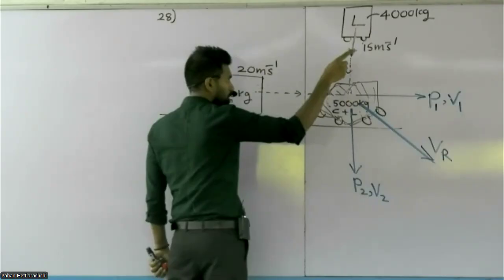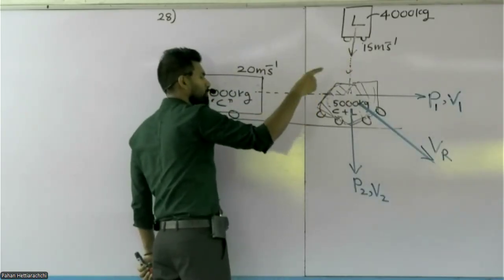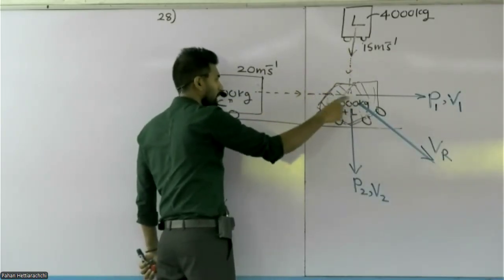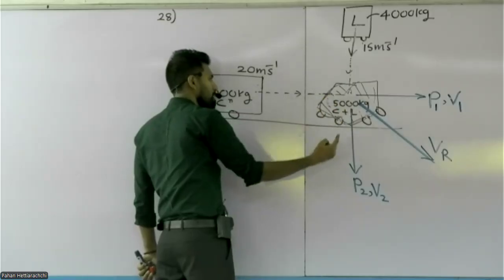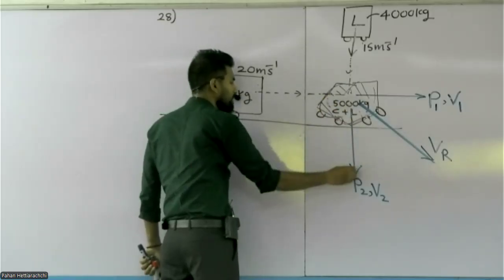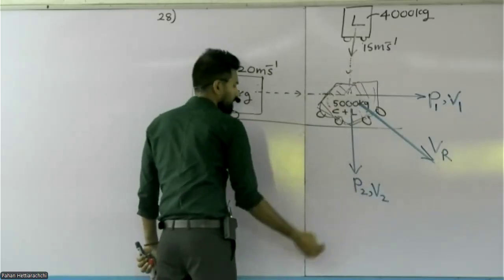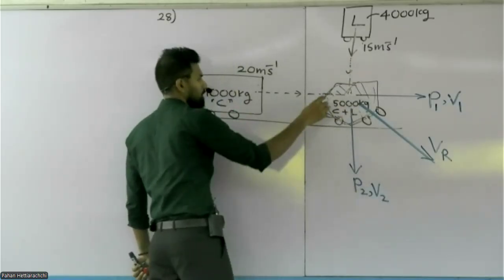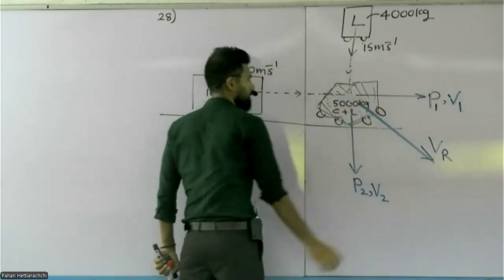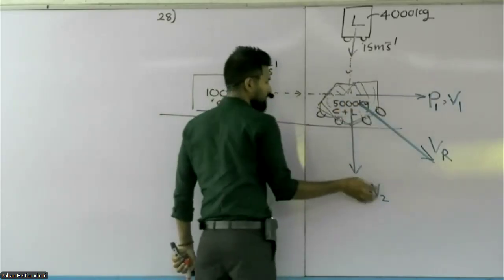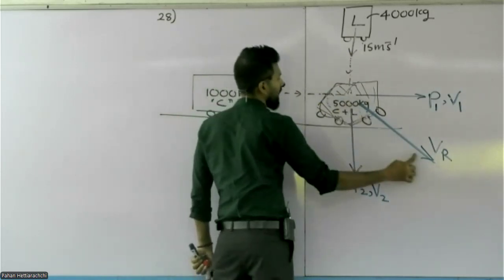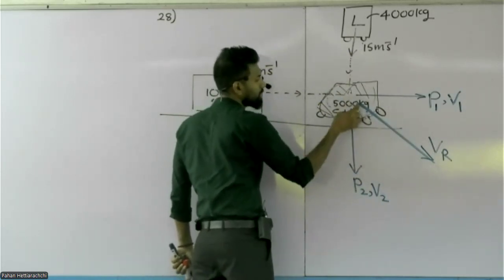So, as momentum is conserved, after the collision there's also a momentum in that direction where the lorry was moving. So there's a velocity in each direction for the combination. These two perpendicular velocities will create a resultant velocity and the combination will move in a separate path like this.